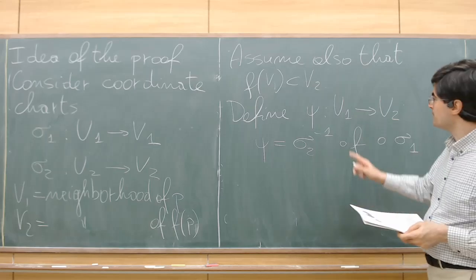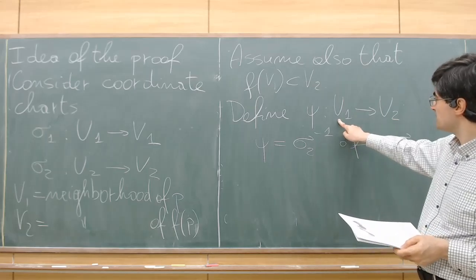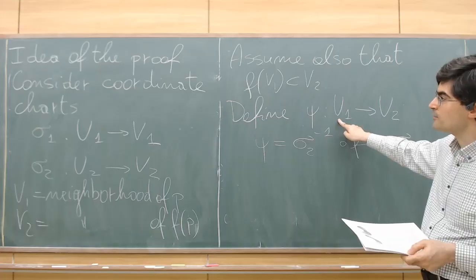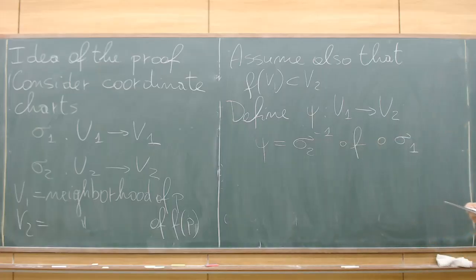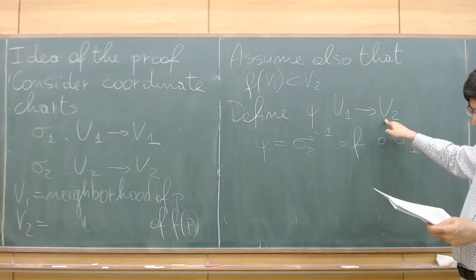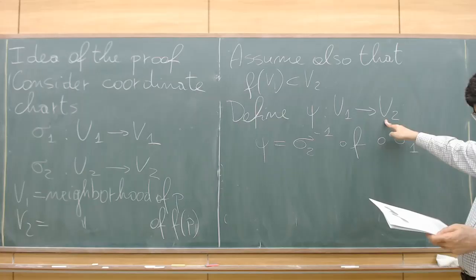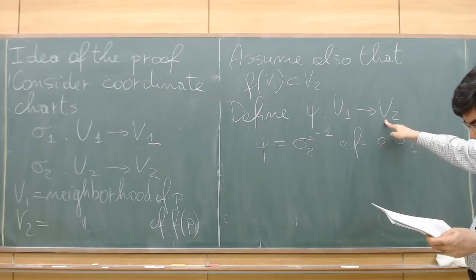This is a map defined on U1, a subset of the Euclidean space, taking values in another subset of the Euclidean space.